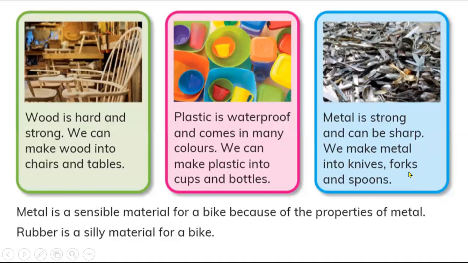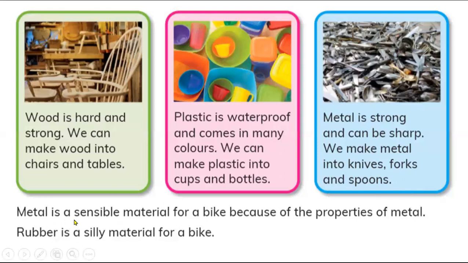Okay, you can see the fork here. It has three teeth. And spoons. So forks, spoons, and knives are made of metal because they are very strong, right?